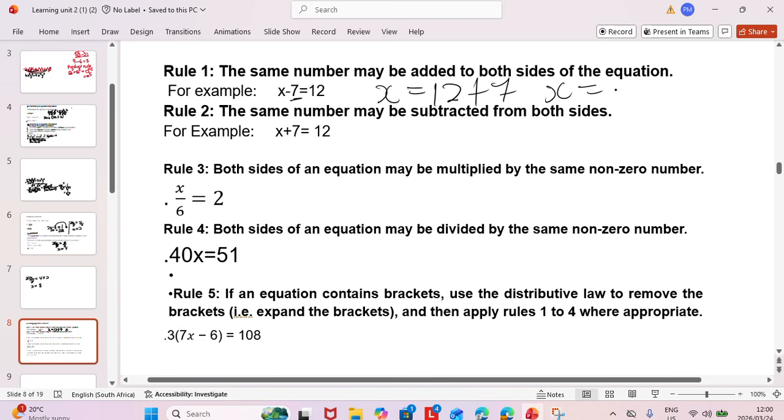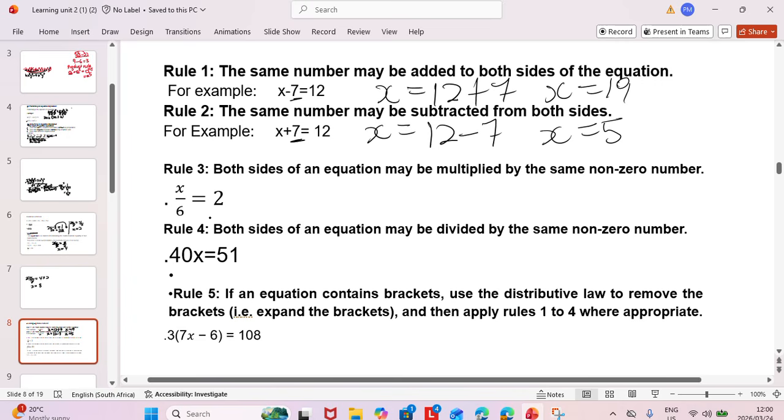Therefore, x is equal to 19. x plus 7 equals 12. Taking a positive from the left hand side to the right hand side, the sign will change into a negative. Therefore, x is equal to 5.